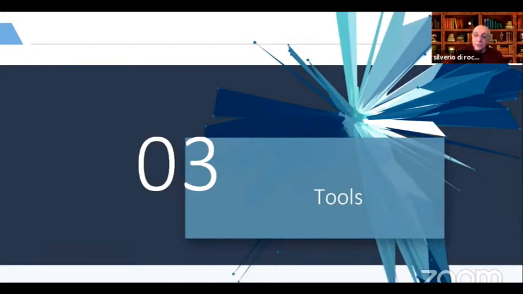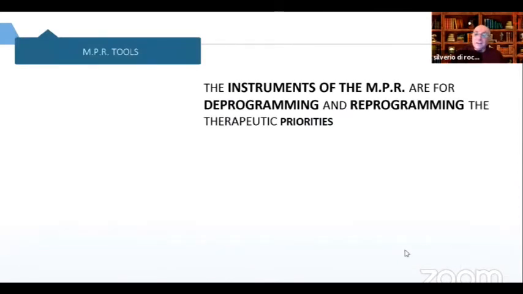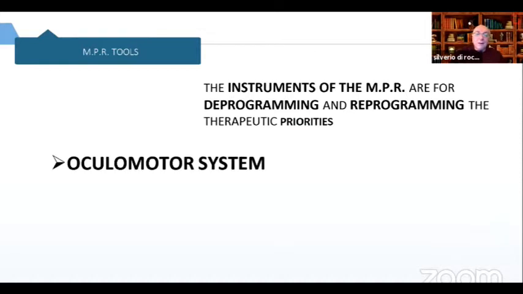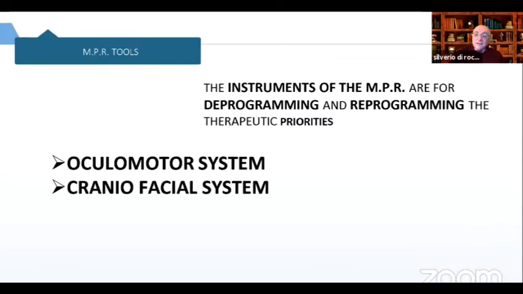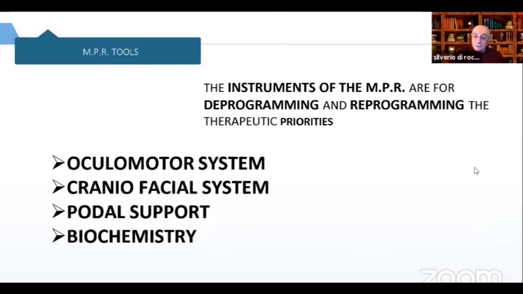The tools we normally use are the instruments of the M.P.R., all of them for deprogramming and reprogramming the therapeutic priorities, as I told you before: for the oculomotor system, for the craniofacial system, for the podal support, and for the biochemistry.